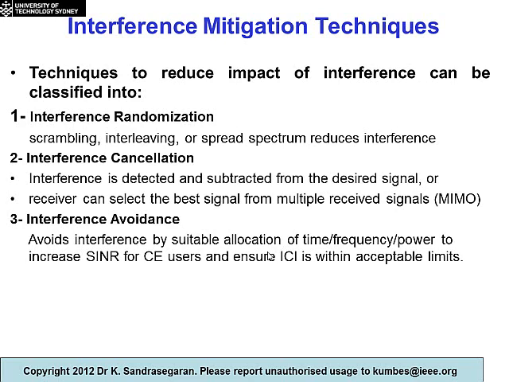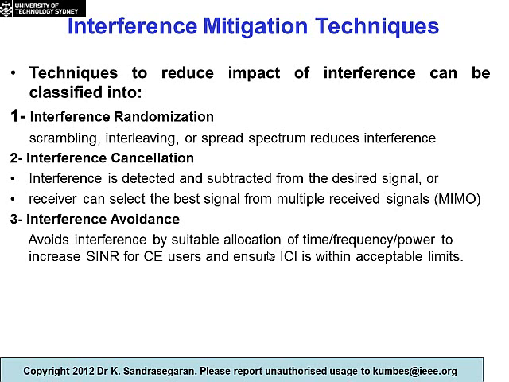So the question is, how do we overcome the effect of interference? One technique is called interference randomization. We might use techniques such as scrambling, interleaving, spread spectrum. All of these techniques can be used to reduce interference to some extent.